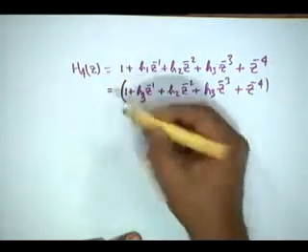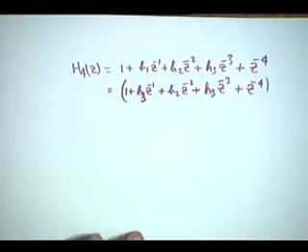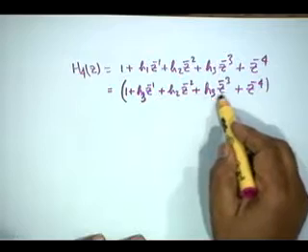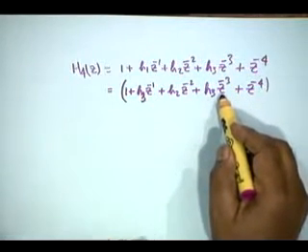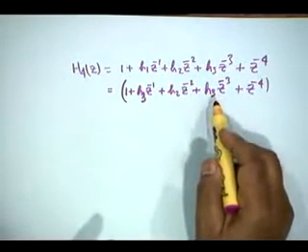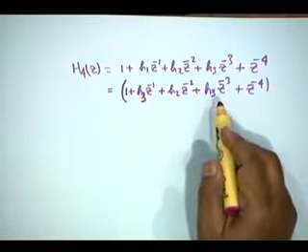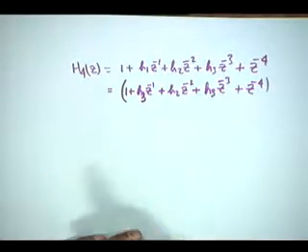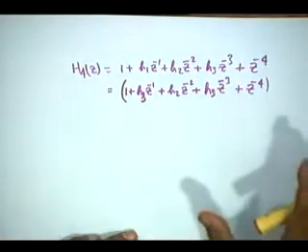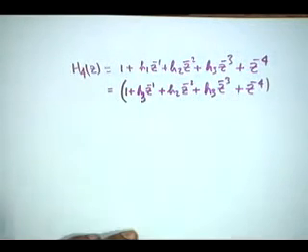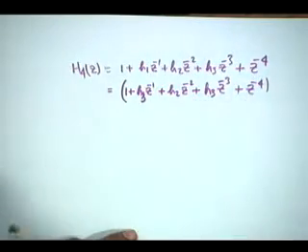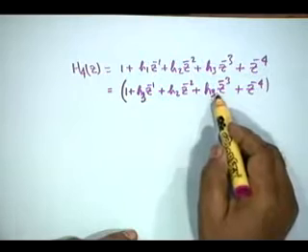In other words, we extract a linear phase in a particular fashion, that is, we use the higher power coefficient for symmetry. I could have used H1 here, and then I had to subtract an H3 minus H1 times Z to the minus 3. In other words, the tap had to be after 3 delays, but then after 3 delays calculation becomes a little bit more involved, and therefore to reduce the calculational effort we bring the higher power coefficient here.